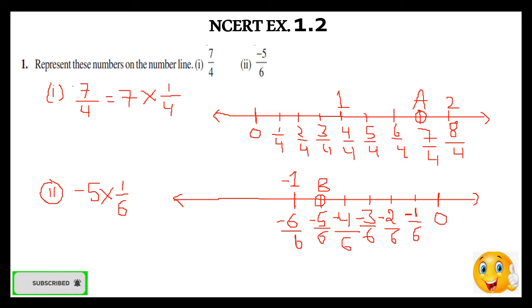So this is how we focus on the denominator of the question, and accordingly we divide the unit on the number line as per the denominator given to us. I hope very minutely I have explained how to represent rational numbers on the number line.